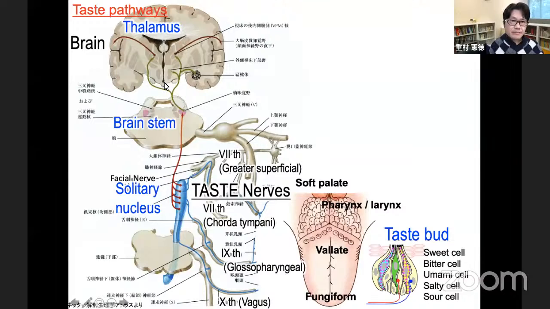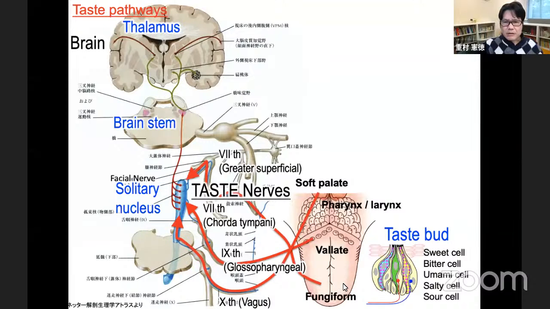Regarding taste pathways, the taste bud cells located in fungiform papillae are innervated by the chorda tympani nerve, and vallate papillae are innervated by the glossopharyngeal nerve.